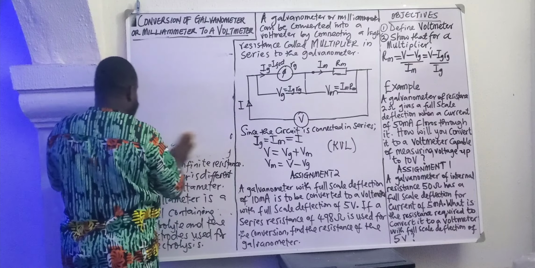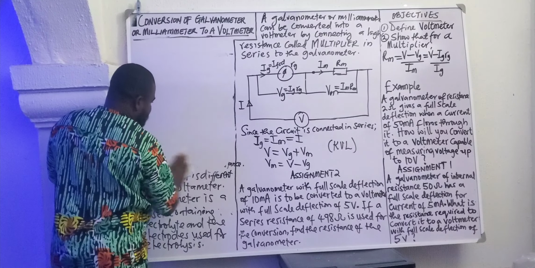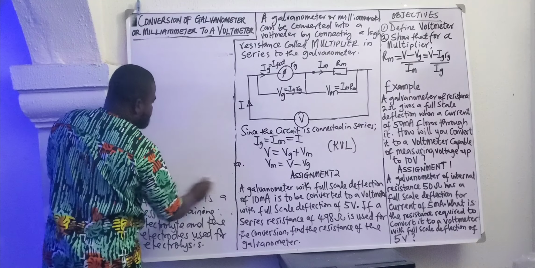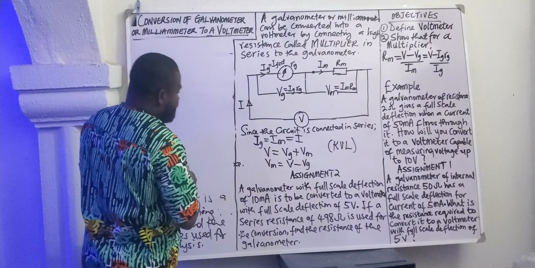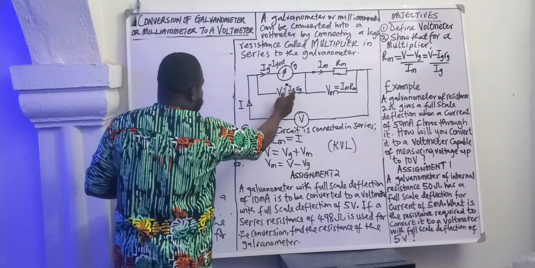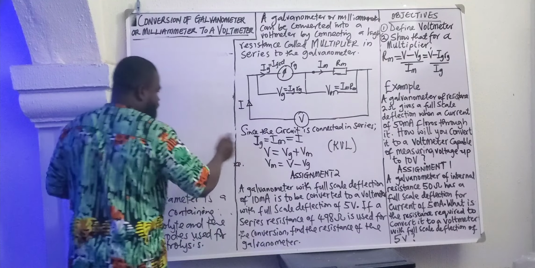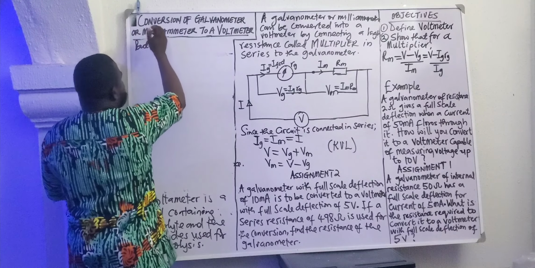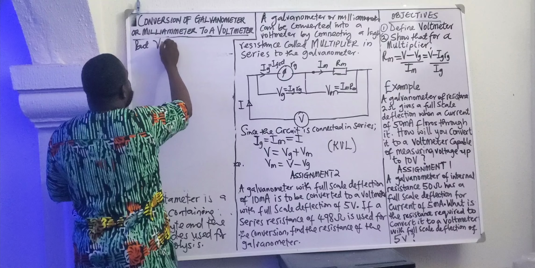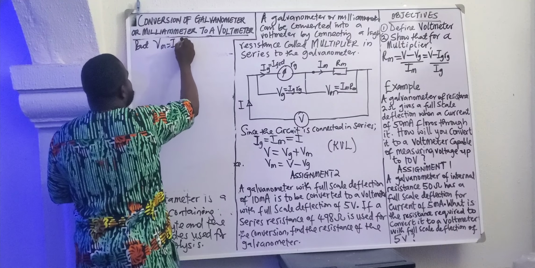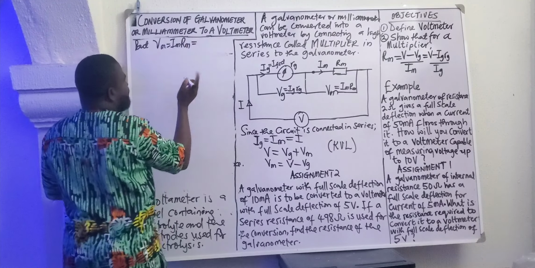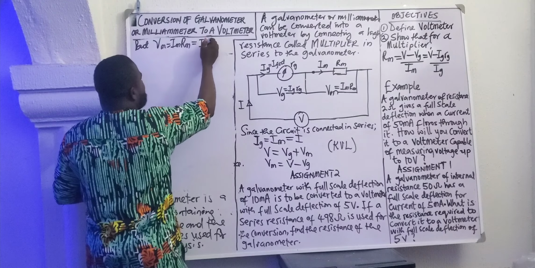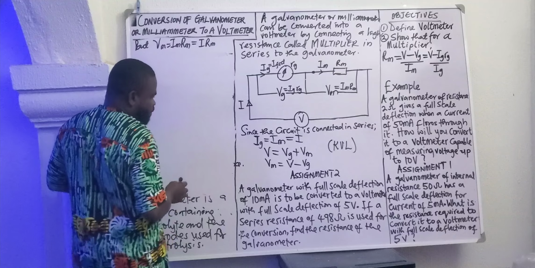Likewise, in place of Vg, I can put Ig R_G, since Vg is equal to Ig R_G. Vm is equal to Im R_M, which, because Im is equal to I, I can also write as I R_M.